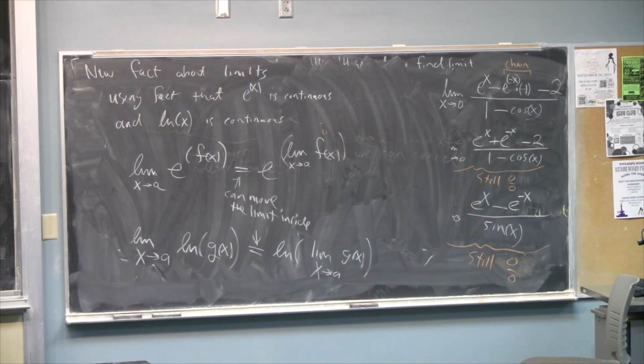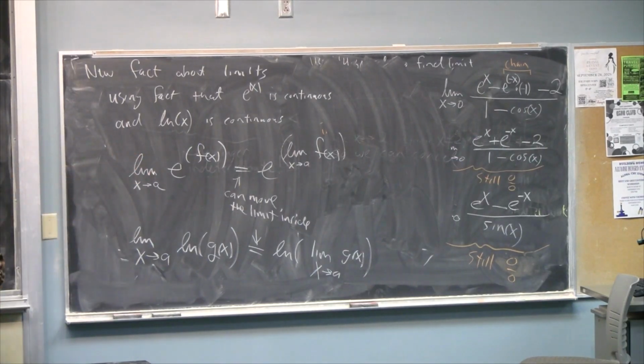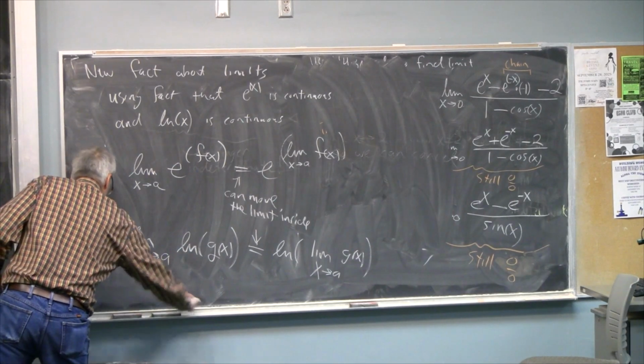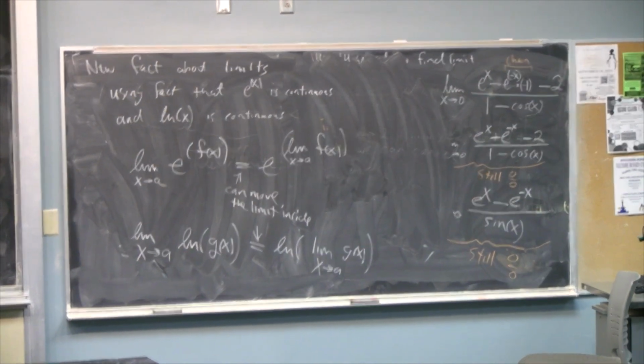So this is just an old friend. It's always good to revisit. This is a big deal. There are a lot of limits. Well, we're going to do one. So this is example 5.